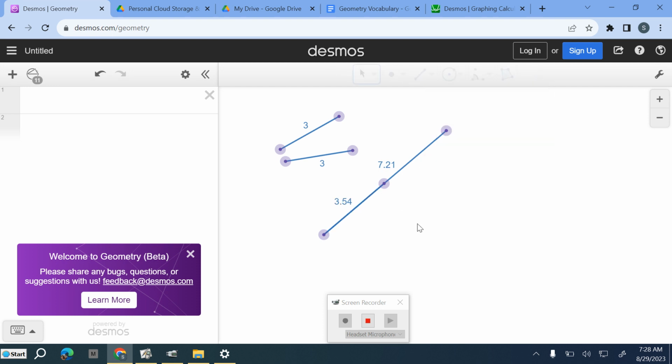It's 3.54. So the easy thing to do would be to extend this to 10 or some whole number. Doesn't matter. I'm doing 10. And then I'm going to extend this one to 5, because I know a segment bisector divides a segment into halves. I can keep the segment bisector as a point, but I think they want you to make it a segment.